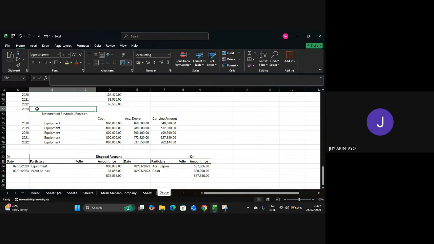So 37,856, P&L, this will now be gain on disposal.